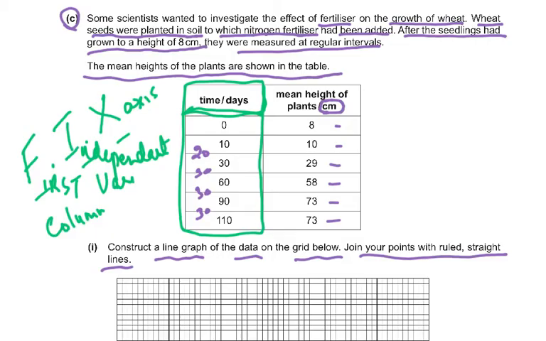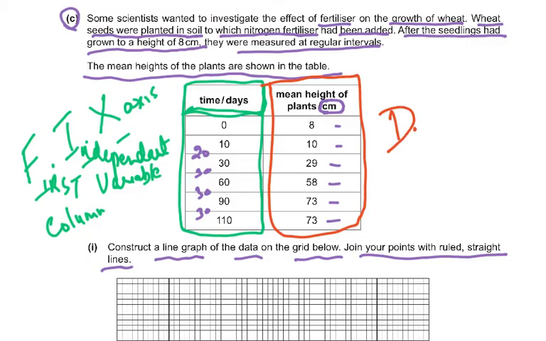Please remember there are two variables that we talk about, dependent and independent variable, and the independent variable is always plotted on the x-axis. And the other one, which is the dependent variable, is always plotted on the y-axis, and that is the result, what you are going to be measuring, bubbles per minute or the length of the plants or the height of the plants.